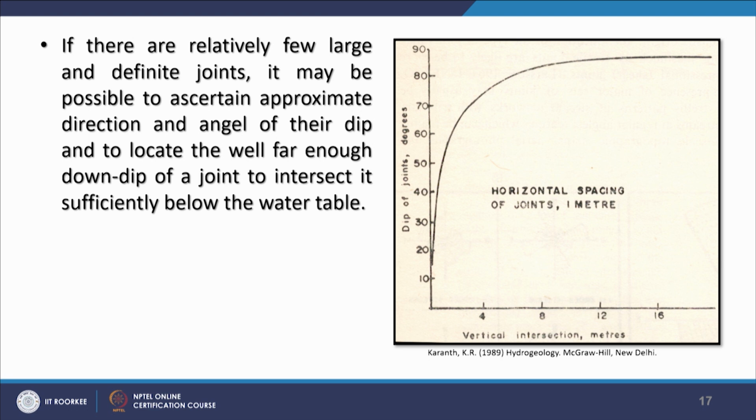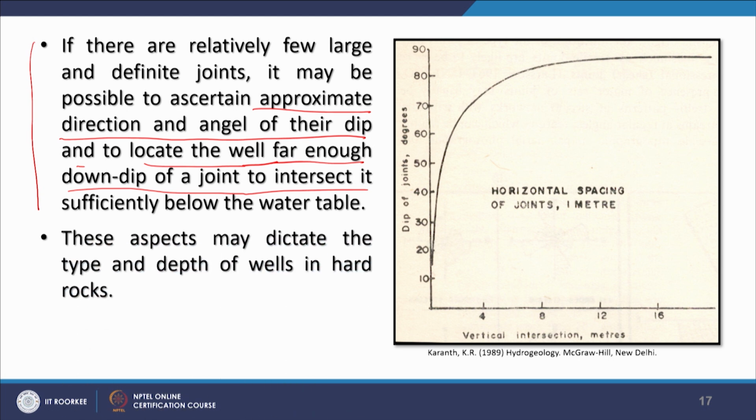Then we try to exploit as much information as is available on the surface, collected in the field. Then we do this analysis to approximate the direction and angle of dip, and locate the well where the joints intersect. In that way it will give us a more reliable groundwater resource.